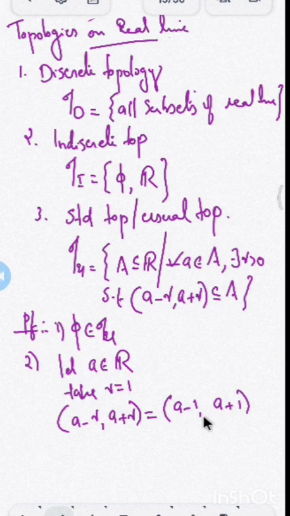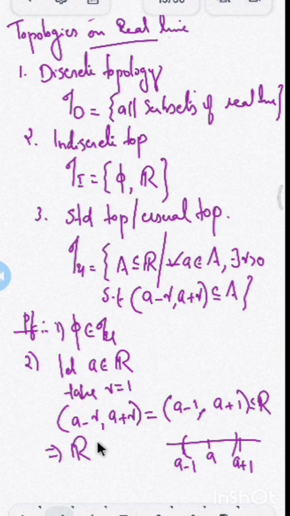So in between these two real numbers, every number is a real number. Suppose this is our real line, and a is a number here; a minus 1 lies to the left of a and a plus 1 lies to the right of a. Clearly all the numbers in this interval belong to the real line itself. Therefore, this interval is contained in the real line, which implies the full set has the required property. Therefore, the full set belongs to tau u.